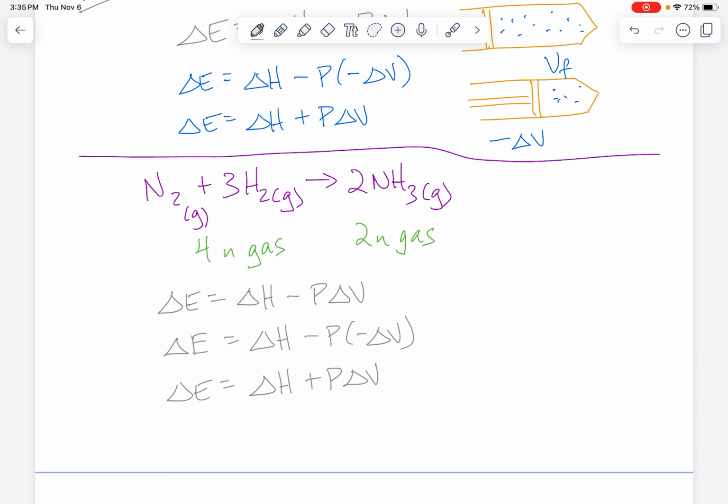So in a case like this, since we do have work being done onto the system here, that must mean that delta E is greater than delta H. Let me rewrite that. The delta E must be greater than delta H because we have this work term over here.